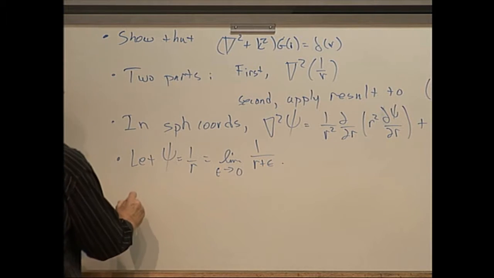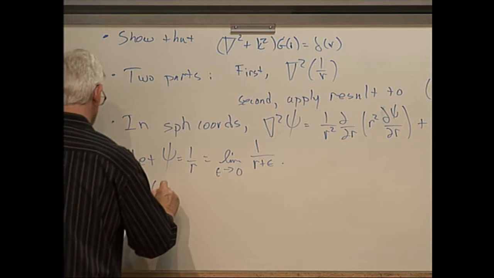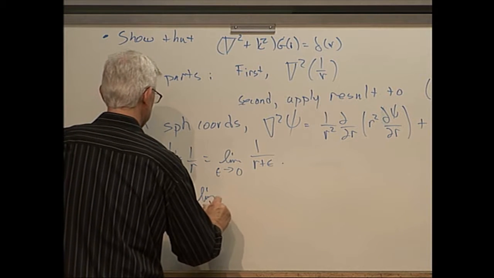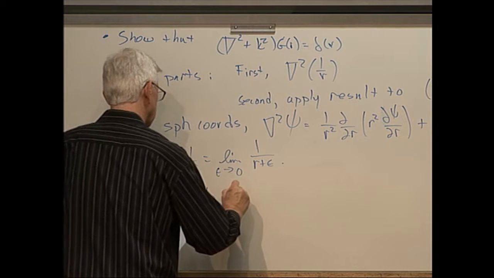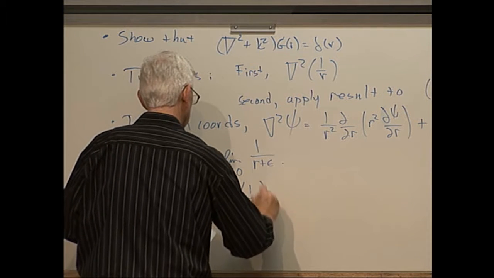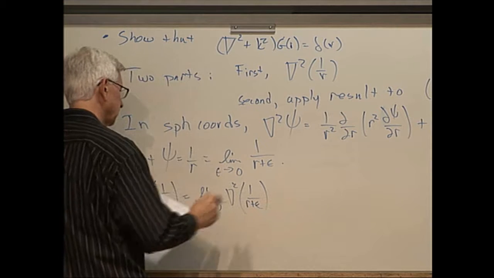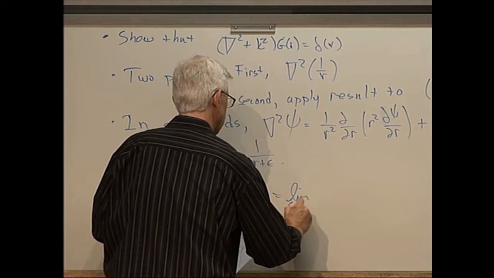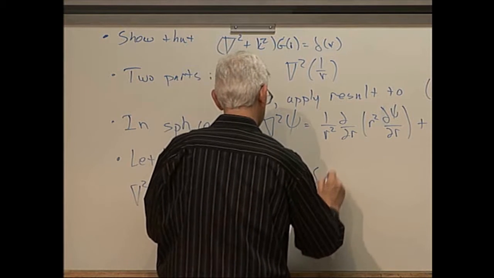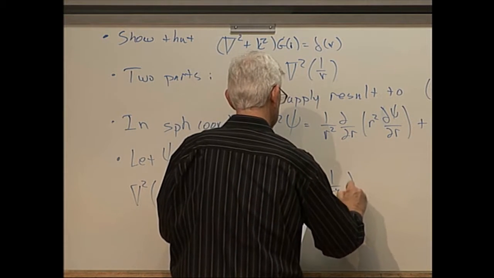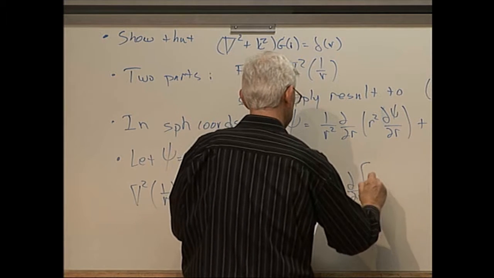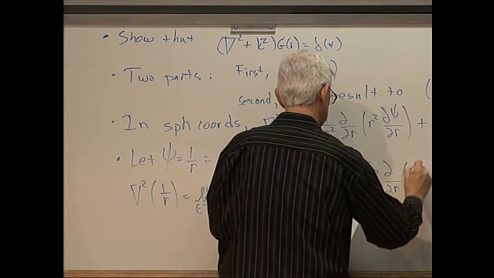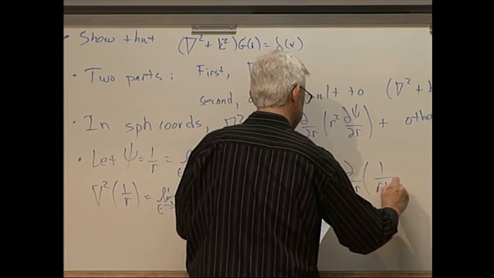So del squared of 1 over r is equal to the limit as epsilon approaches 0 of del squared 1 over r plus epsilon, which is equal to the limit as epsilon goes to 0 of 1 over r squared partial with respect to r of r squared partial with respect to r of 1 over r plus epsilon.